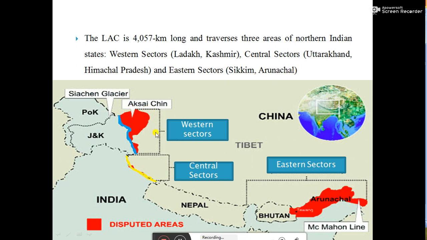This portion is the western sector, this portion is the central sector, and this portion is the eastern sector of the LAC. This line indicates the western sector of the LAC. This yellow color indicates the central sector, and this one is the eastern sector.